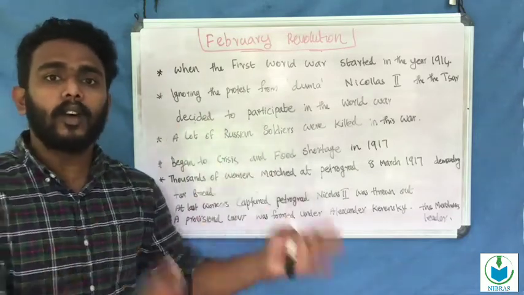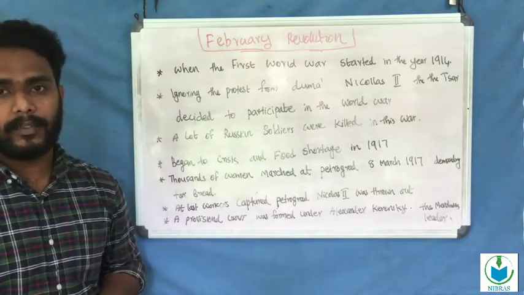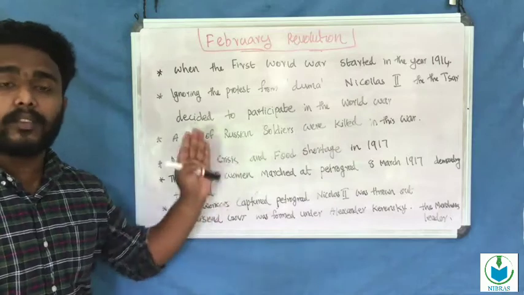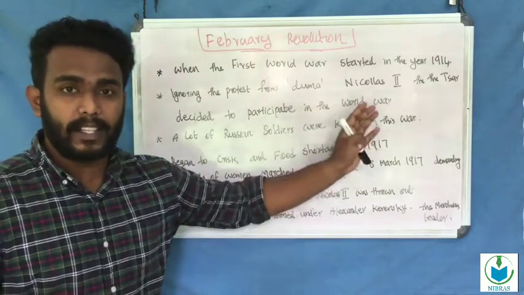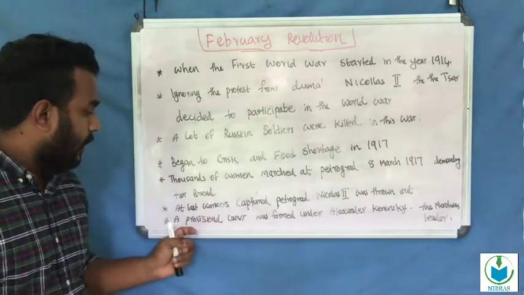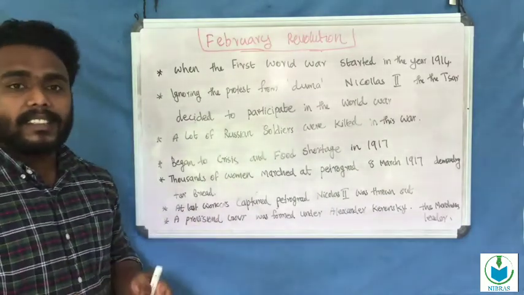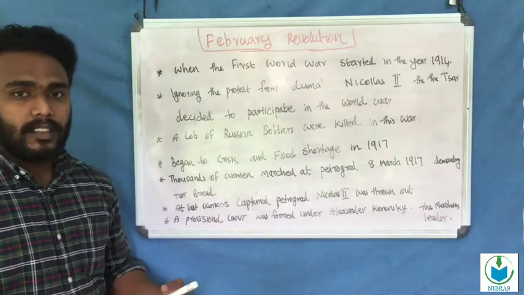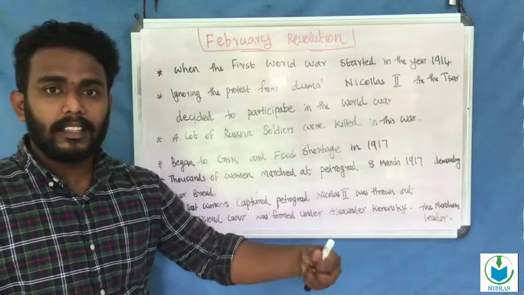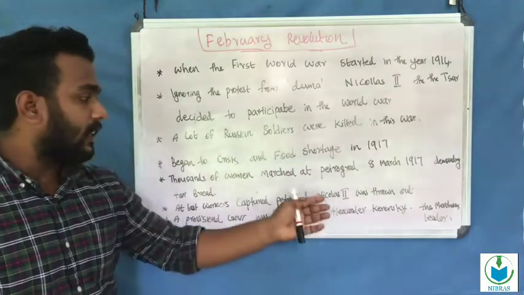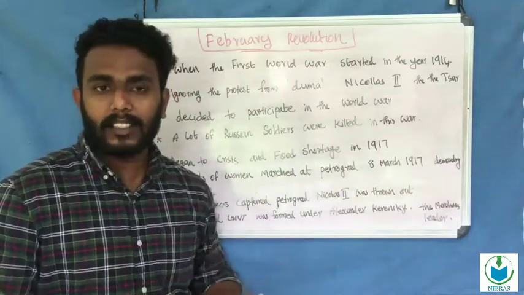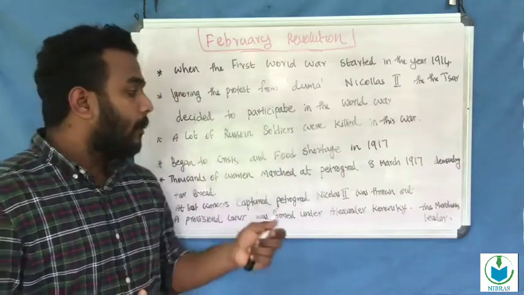Okay, at last the workers captured Petrograd, the capital city, and Nicholas II was thrown out of power.